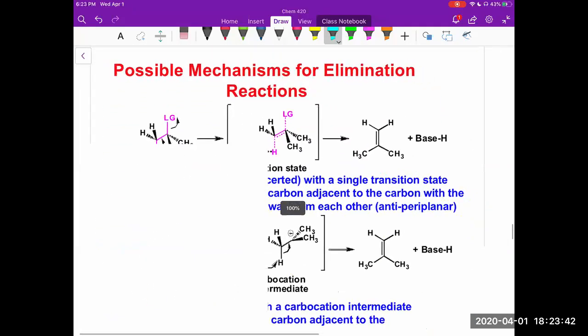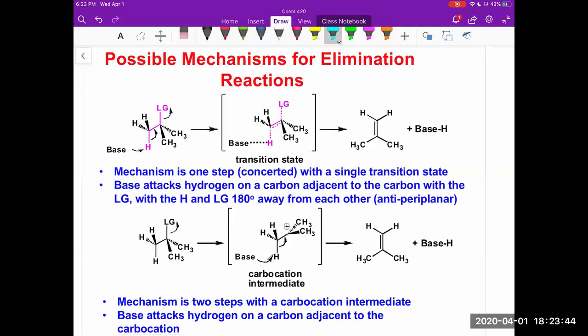Now, there are two possible mechanisms. The first mechanism is the one here on the top of your slide, and that is an E2 mechanism.